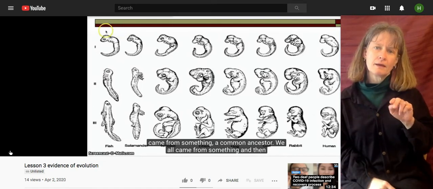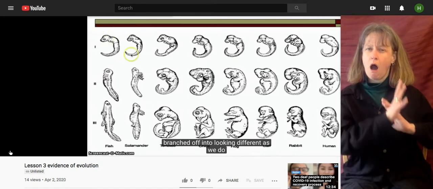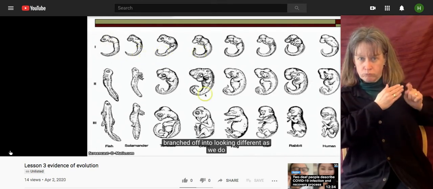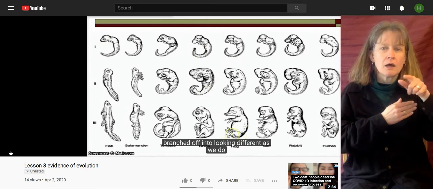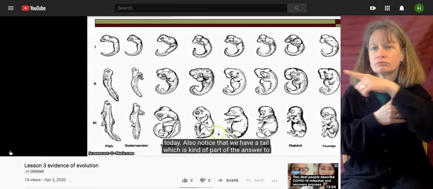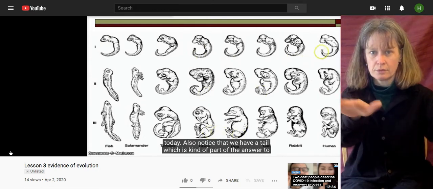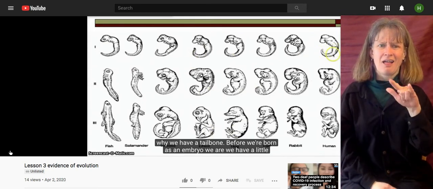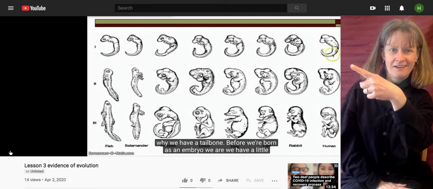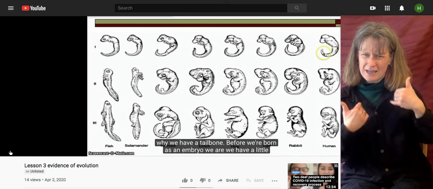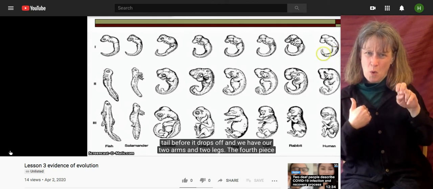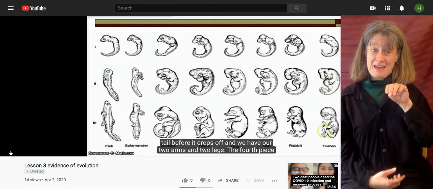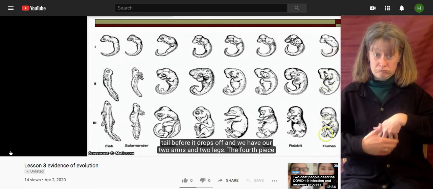We all came from something and then branched off into looking different as we do today. Also, notice that we have a tail, which is part of the answer to why we have a tailbone. Before we're born as an embryo, we have a little tail before it drops off, and we have our 2 arms and 2 legs.